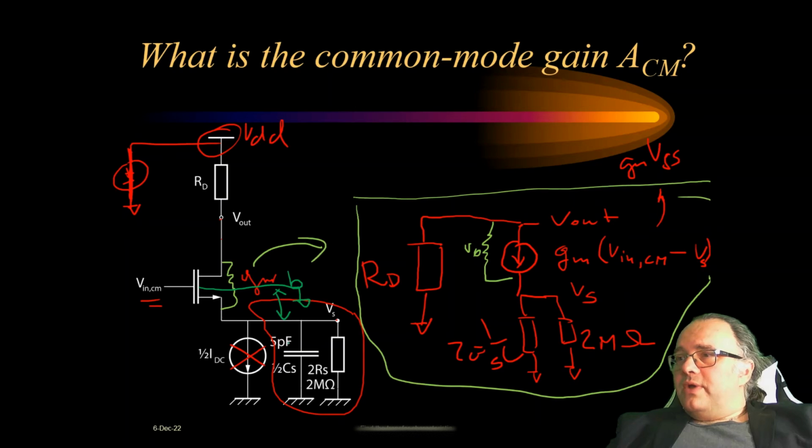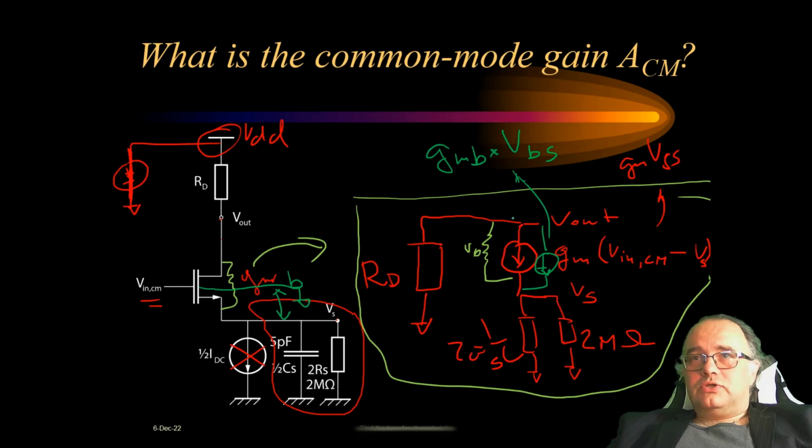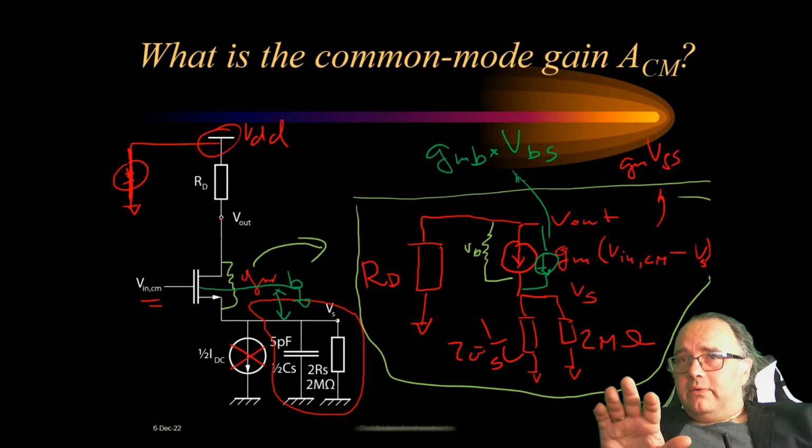So if we had to include this, it would be like a parallel voltage-dependent current source with a value of a coefficient GMB, which models the body effect, times the voltage V bulk-source. Again, this will complicate my analysis very much, while it will not add accuracy. So I will ignore it.